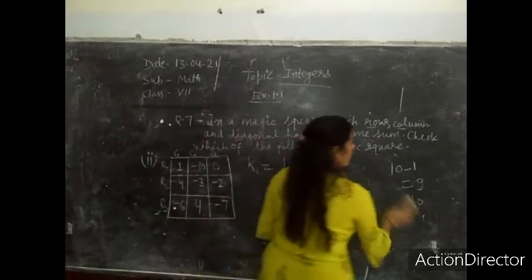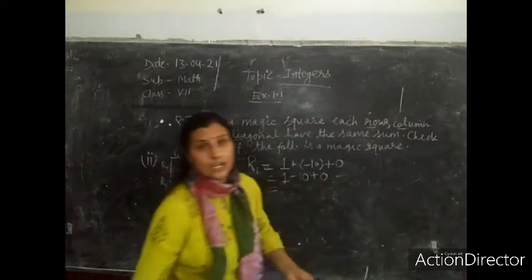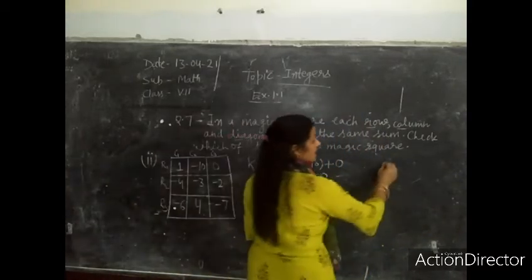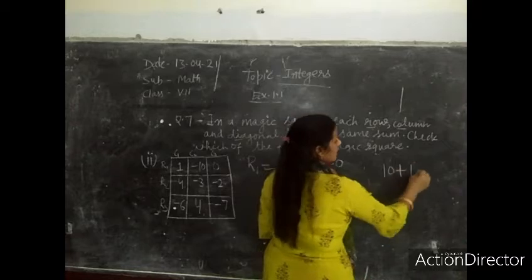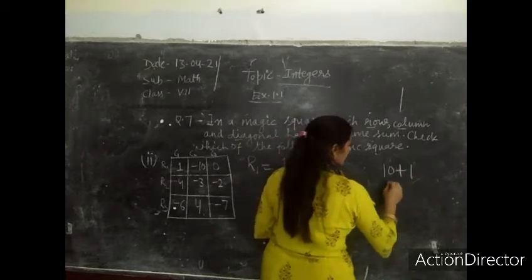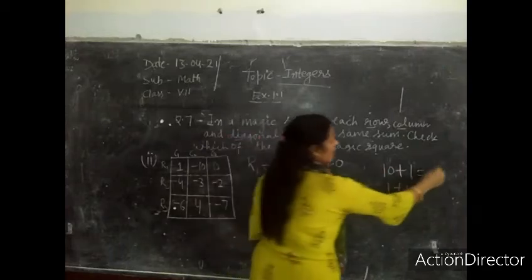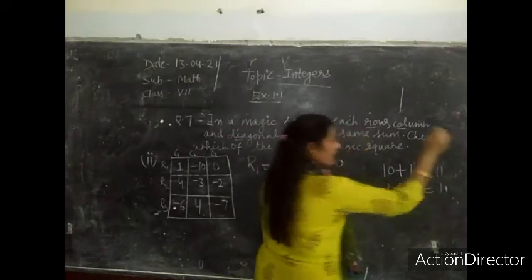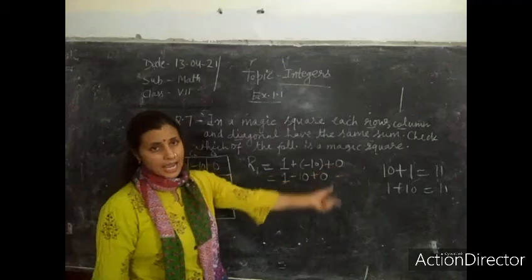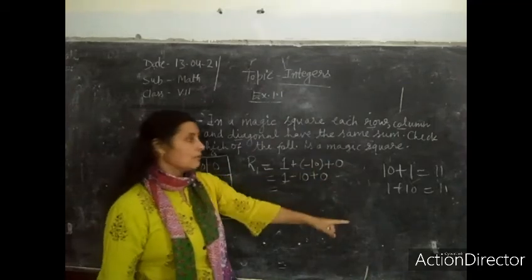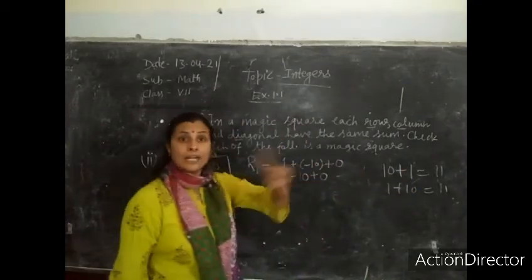As I told you in the classroom, order does not matter in addition. If you write 10 plus 1 or 1 plus 10, in both situations you will find your answer 11. Is there any change in your answer? There is no change, because order does not matter in addition.